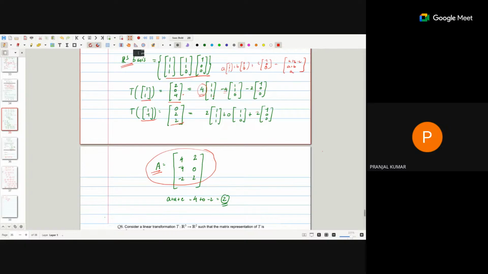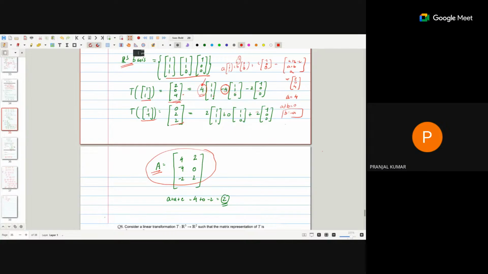Now you will equate it to 2 0 4. So this will give you A as 4. So see, A as 4. So here you can see 4. Then A plus B is 0, so B is minus A, so minus 4.